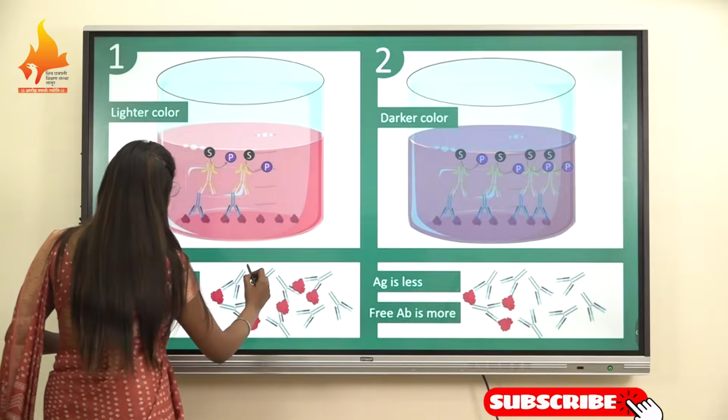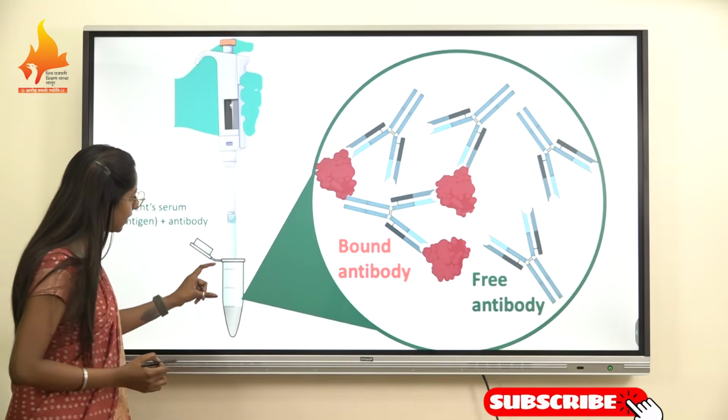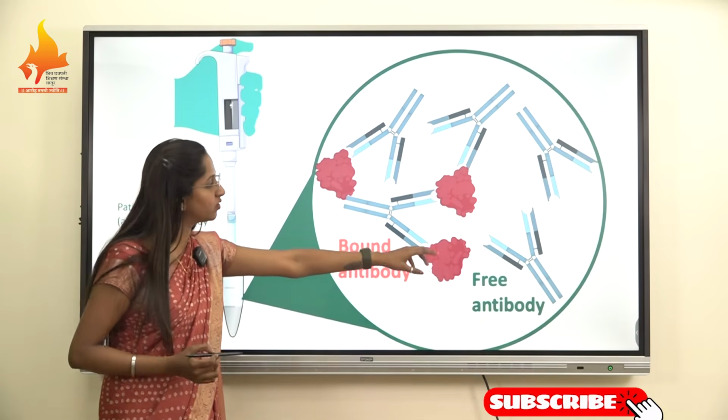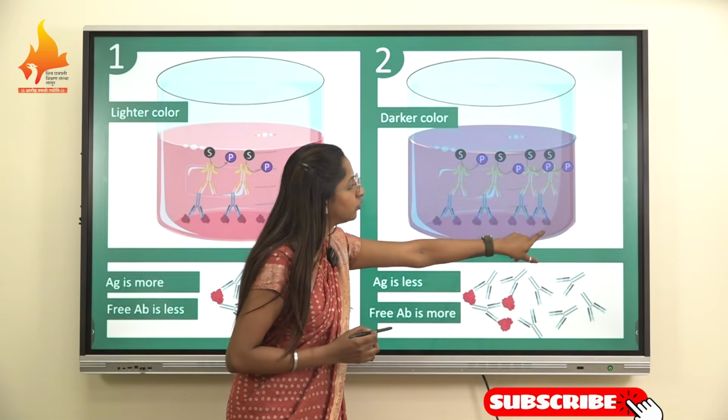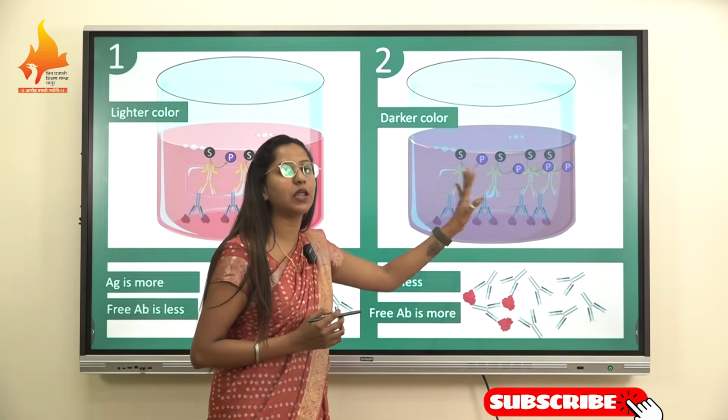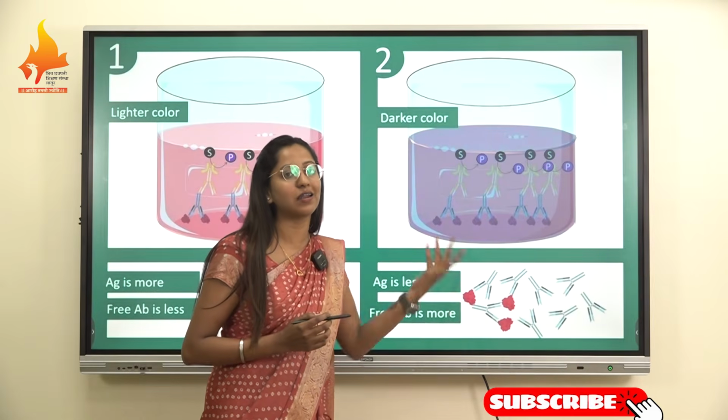In this step we have discussed that we have added bound and free antibodies. These free antibodies get bound to the remaining antigens, with the help of which it has shown a darker color.